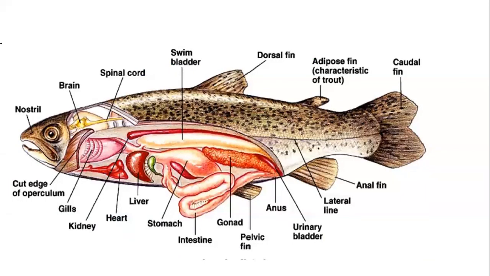So this is a structure for which fish? You can easily find it out. Why or how can you easily find it out? Look, they have a terminal mouth. So terminal mouth is the characteristic feature of Osteichthyes.